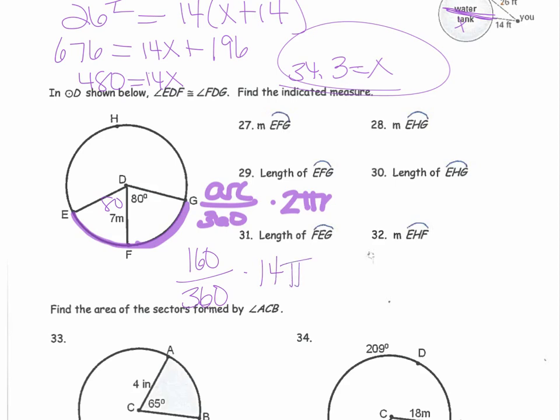So 160 divided by 360 times 14 times pi. Looks like the calculator I'm using does not have the pi button, so times 3.14. Answer might be a little off. I get 19.5. If I were to leave this in terms of pi, I would do 160 divided by 360 times 14 and then smack pi on wherever it was.